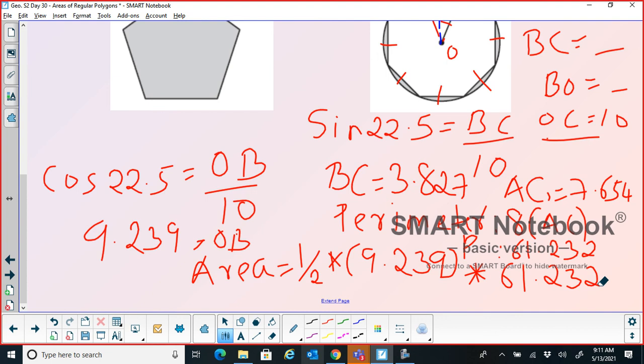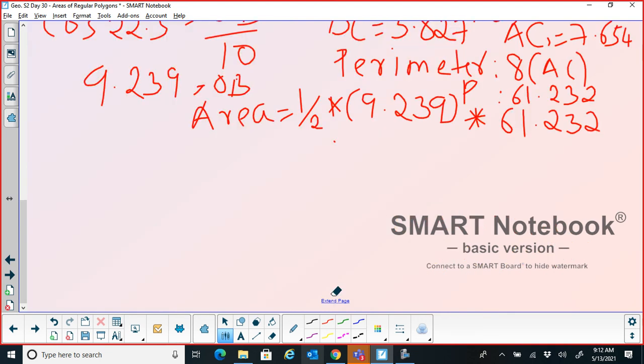Substitute that in the calculator, and that will give us 282.861. So the area is 282.861.